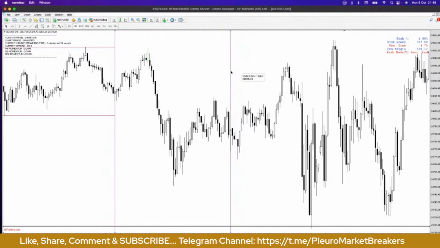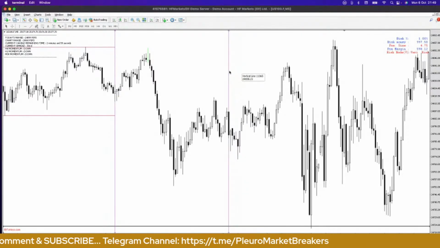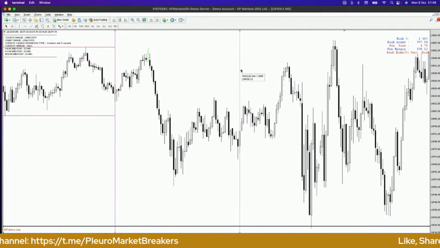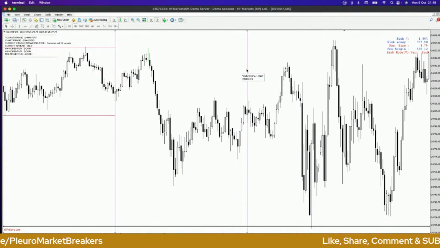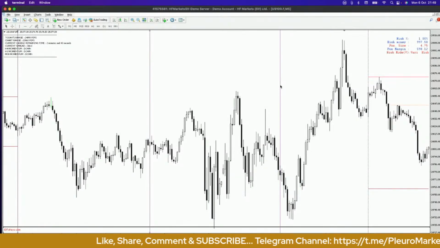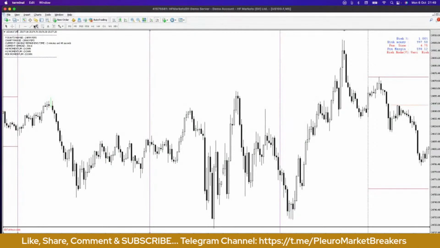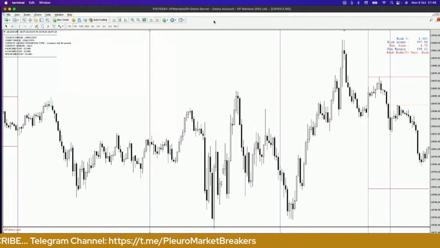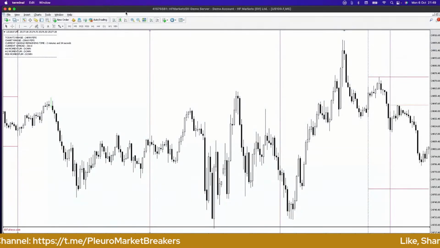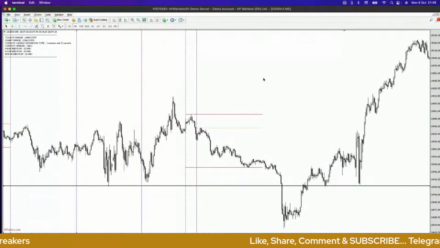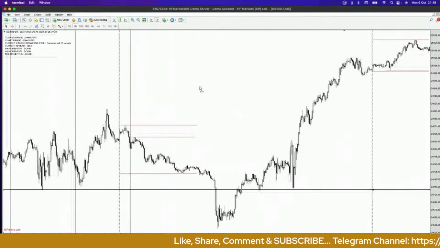So this is midnight, and 6 again in London, in New York, right? And then back again to 2. Excellent. Let's do the exact same thing, right?